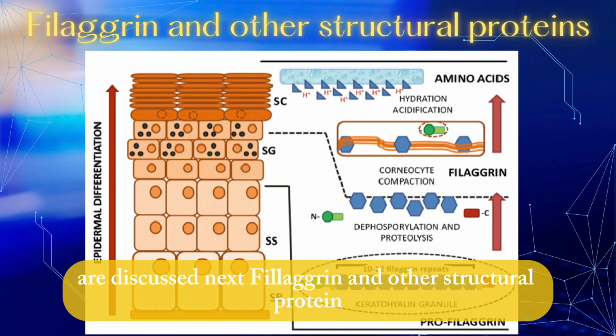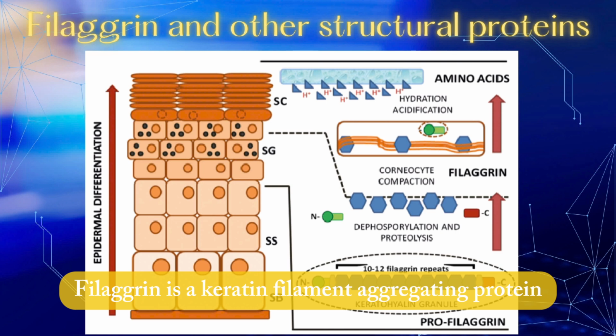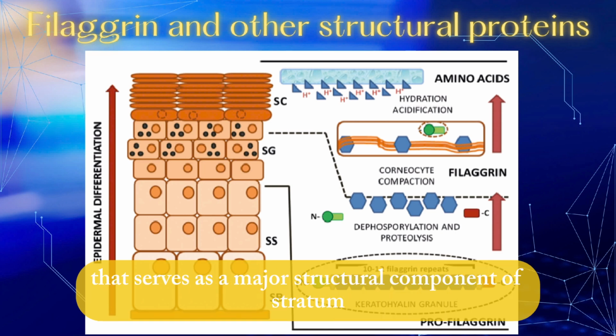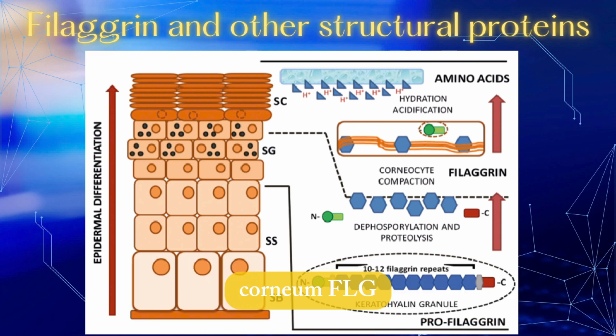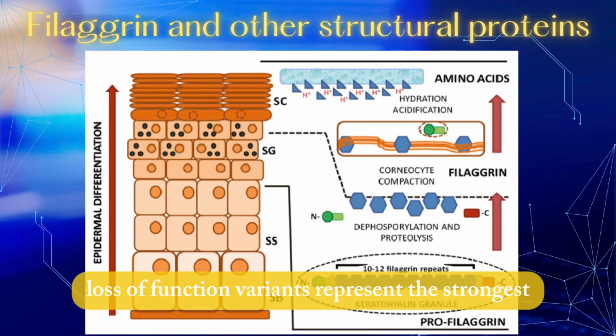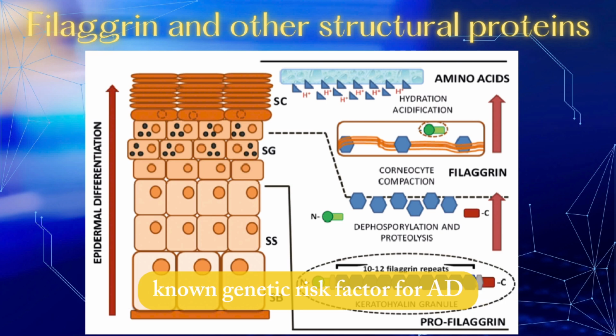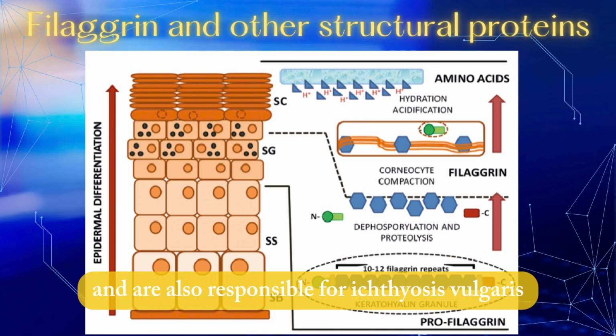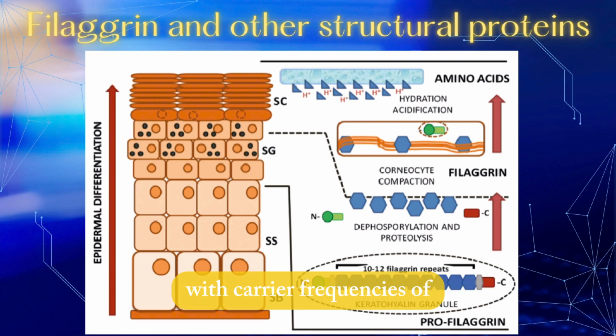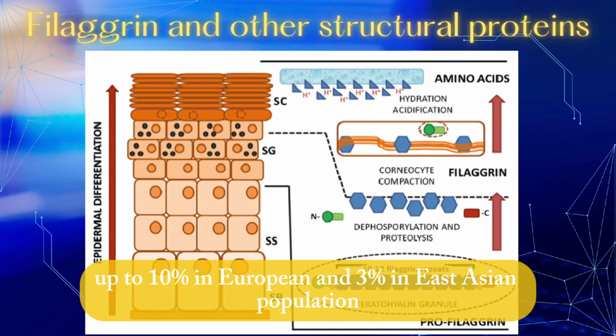Filaggrin and other structural proteins. Filaggrin is a keratin filament aggregating protein that serves as a major structural component of the stratum corneum. FLG loss-of-function variants represent the strongest known genetic risk factor for AD and are also responsible for ichthyosis vulgaris, with carrier frequencies of up to 10% in Europeans and 3% in East Asian populations.